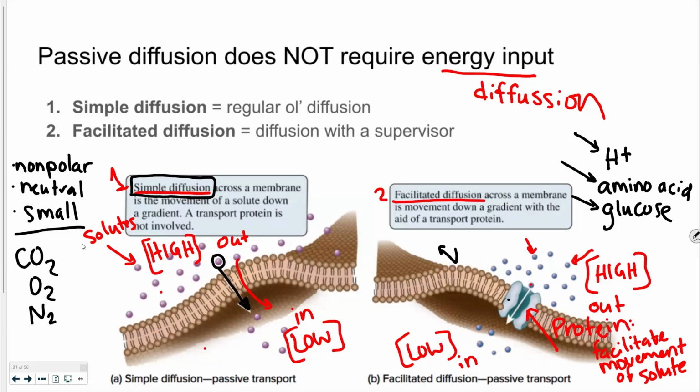Okay, so this protein is going to then be coated in this little channel here with amino acids that are going to be hydrophilic, so that our little hydrogens can pass through. Or it's going to allow a large enough passageway for our large and polar molecule of glucose to actually get into the cell.